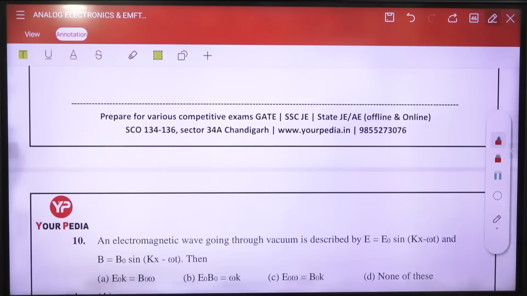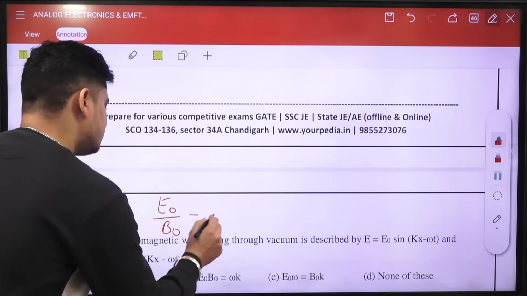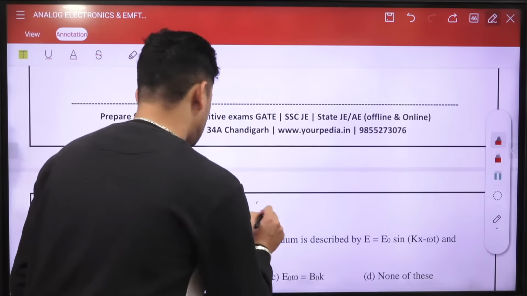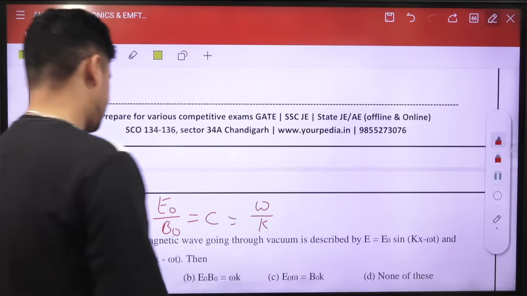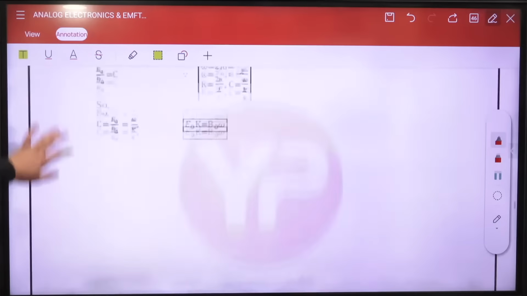Always remember that E naught upon B naught is always equal to C, and C can be written as omega by K. So E naught is multiplied with K and omega is multiplied by B naught. So the answer will be A here, right?